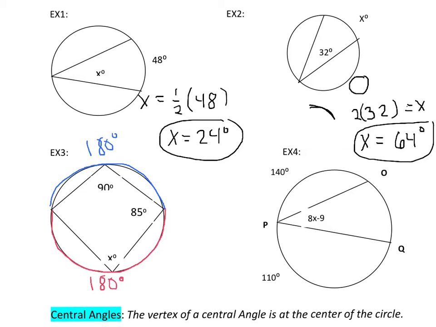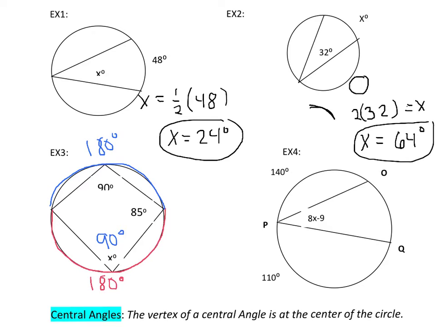Now, this inscribed angle creates this arc, and given that it is 180, this angle is half of that arc, so that angle is 90 degrees.